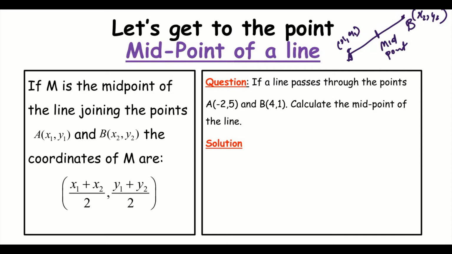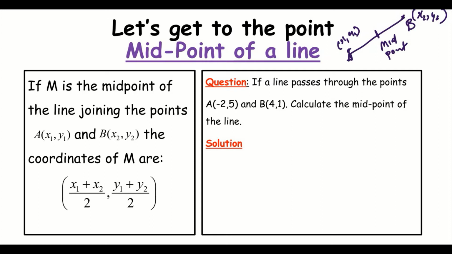If a line passes through the points A(-2, 5) and B(4, 1), calculate the midpoint of the line. Now, some students may need to identify what their x1 and y1 are, or what their x2 and y2 are.